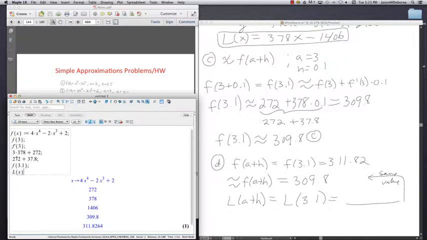We know that the equation of the line from this previous step is 378x minus 1406, 378 times x minus 1406. And I want to put 3.1 into the equation of that line.